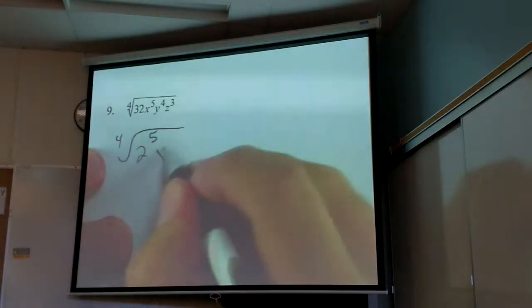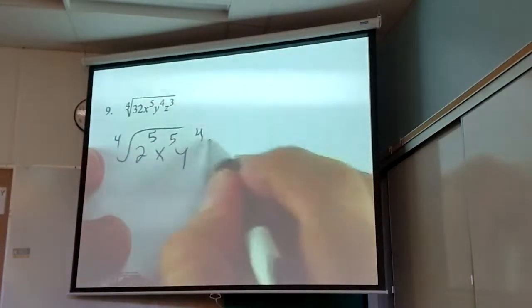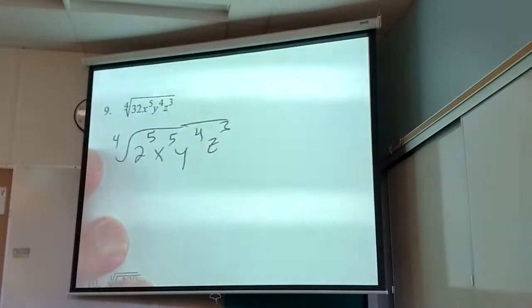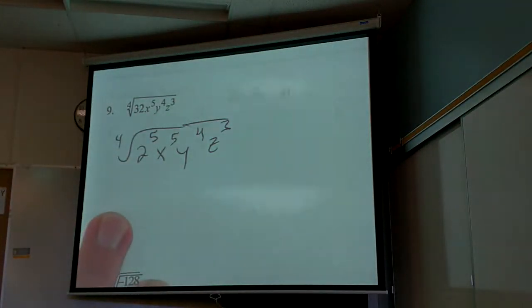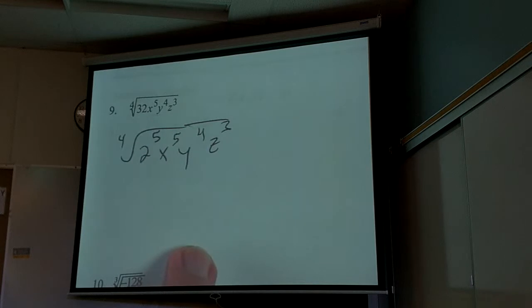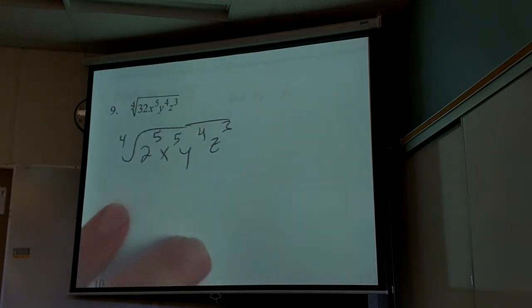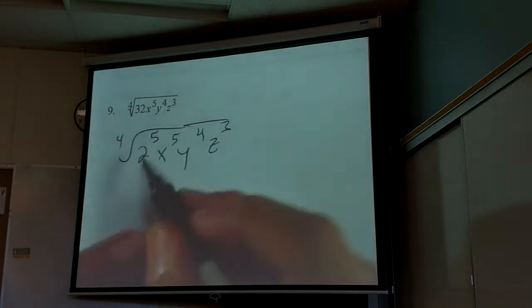If I write any number in exponential form, it has to act the same way the variables do. The only reason they act differently is one is in exponent form, the other one isn't. But now they're both in exponent form.